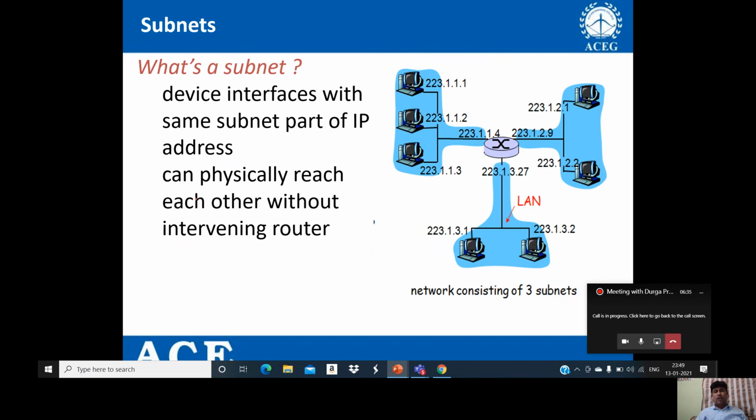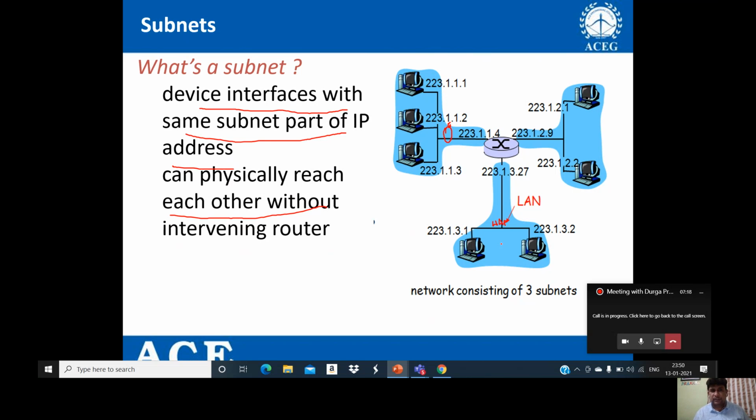So what is a subnet? As I mentioned, device interfaces with the same subnet part of the IP address can physically reach each other without an intervening router. Here we consider that there may be an Ethernet switch, or some wireless access point, through which all these devices are connected to each other without the help of any other router. So a subnet is a group of hosts and an interface connected to it.